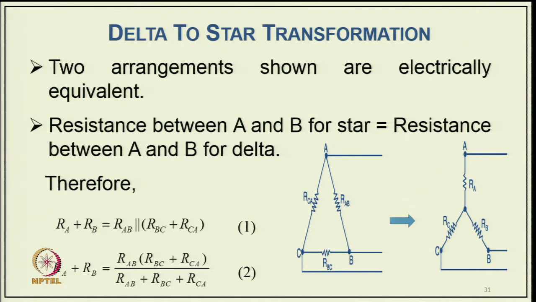If you look into the first connection, from the star side you have RA and RB connected between A and B, and from the delta network you have RAB in parallel with RBC and RCA. From this you can write the equivalent parallel relation: RA plus RB equals RAB times (RBC plus RCA) divided by RAB plus RBC plus RCA. So, this is one equation between terminals A and B.